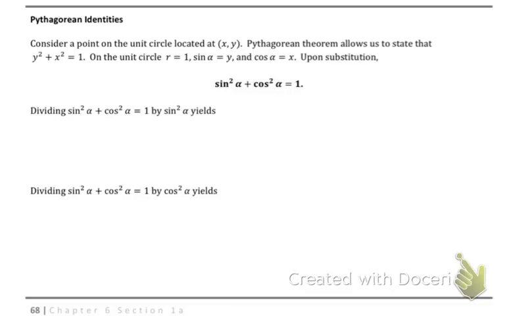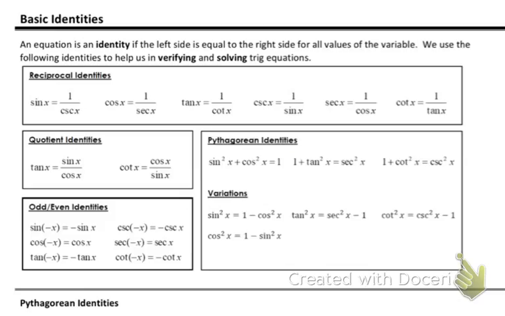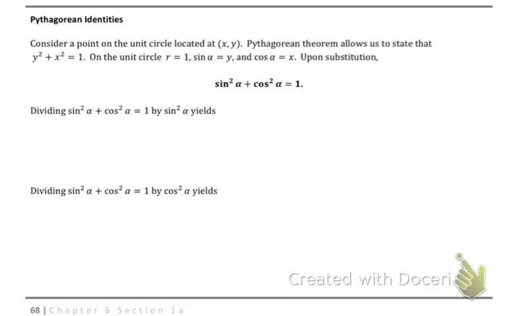We're going to talk about how I can get to the other ones that are up there, because there's 3 of them. We have sine squared plus cosine squared equals 1. We also have 1 plus tangent squared equals secant squared, and we have 1 plus cotangent squared equals cosecant squared. All we do to get to those is we divide by sine squared, and then we divide by cosine squared. So if you don't have it memorized, you can get to these answers.